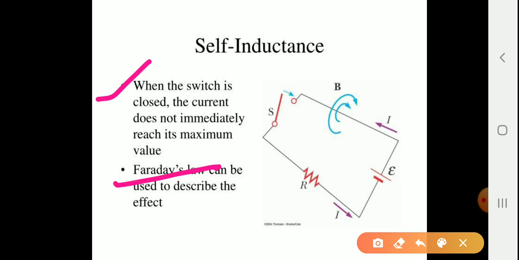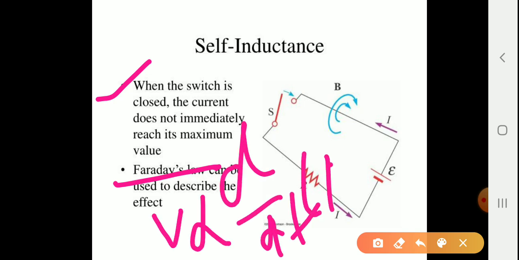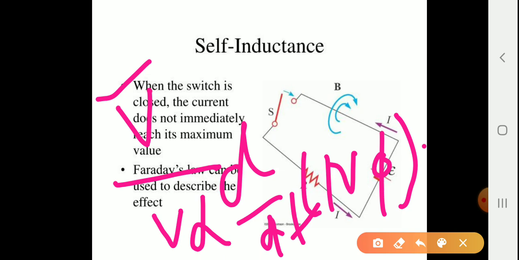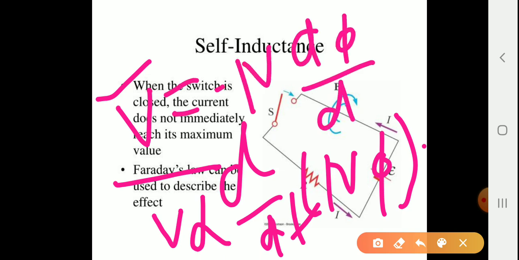The magnitude of this induced voltage is proportional to the rate of change of flux linkage. So V is proportional to d over dt of N phi. So Faraday's law gives V equal to minus k N d phi over dt.